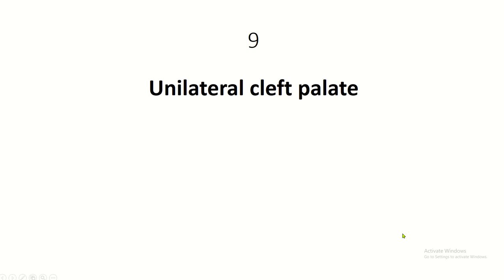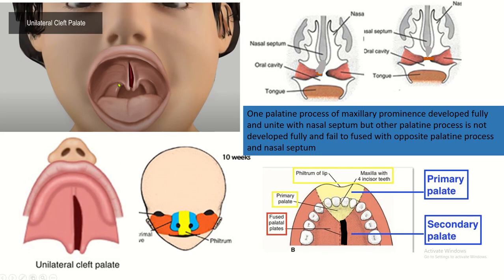Unilateral cleft palate. You know the secondary palate is developed from the two palatine shelves developed from the maxillary prominence. So these are the palatine shelves developed from the maxillary prominence. Here, two palatine shelves unite, fuse with each other, and from above, the nasal septum also fuses with this structure.